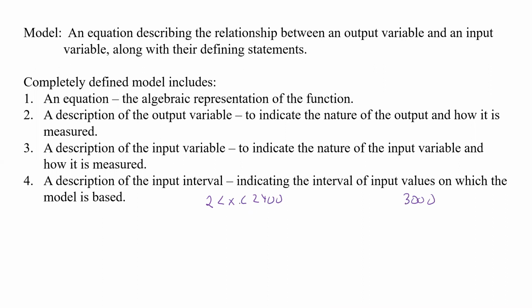Not really, and so that's probably going to be a best guess. We're going to extrapolate the data and assume it follows that same model past that so we can get that number, but we're skeptical if it really works. Now, if we had chosen a number in here, say x equals 1,000, then it fits that model because it's within that input interval. So that works really well.